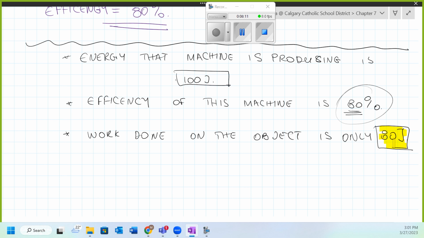The efficiency is never greater than 100%. In an ideal situation it is 100%, but never greater than 100%. And the work done on the object is always less than the energy that the machine is producing.